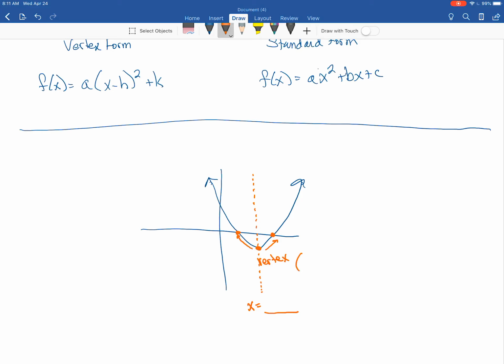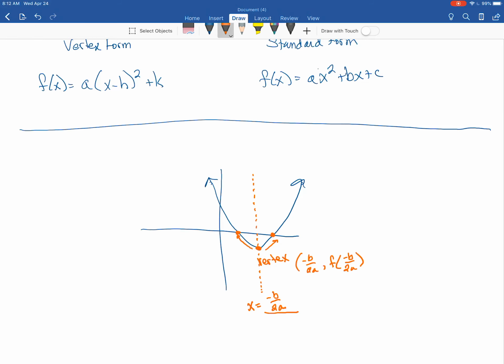So your vertex x value is negative b over 2a, and then again the y is found by just subbing that back in. So that's why the equation for the axis of symmetry is always just x equals the negative b over 2a. It's simply x equals the value that you already found for your vertex, and that's going to chop it right in half.